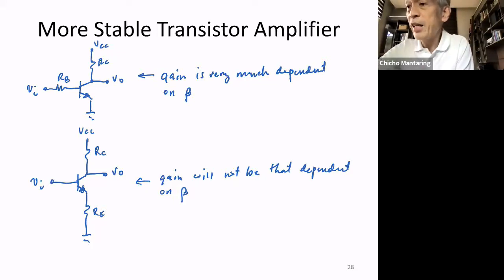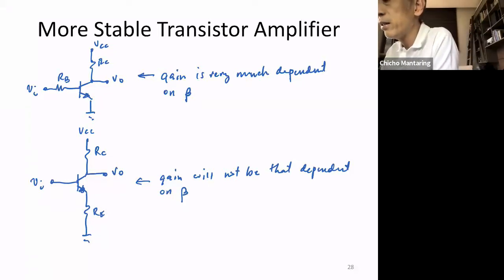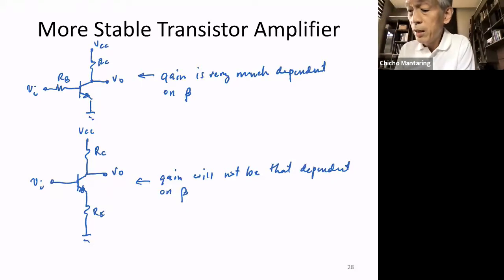That's the advantage of this type of amplifier circuit. Anyway, the advantage of this over this, in terms of it being an amplifier, is you can get much higher gains using this setup. In this particular setup, usually your gains are smaller.